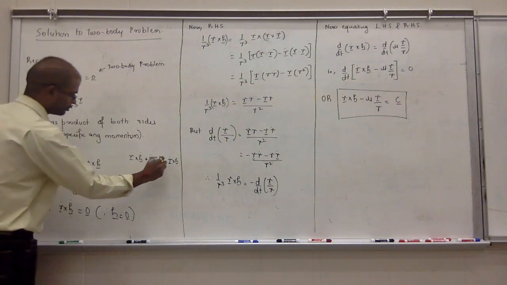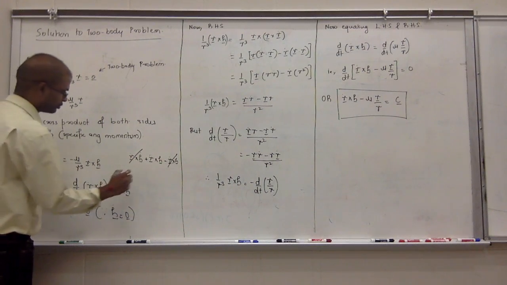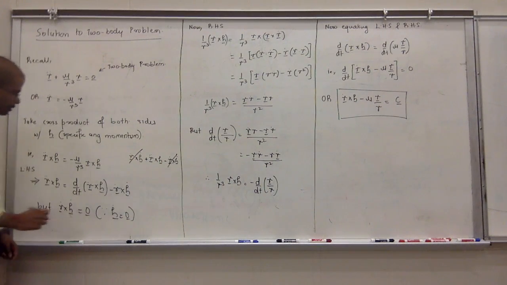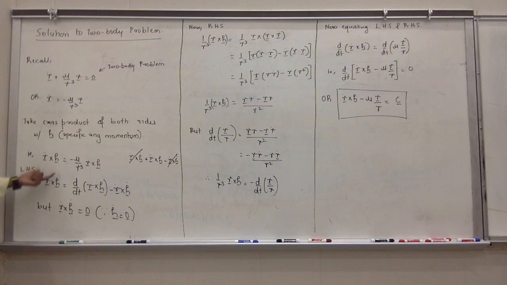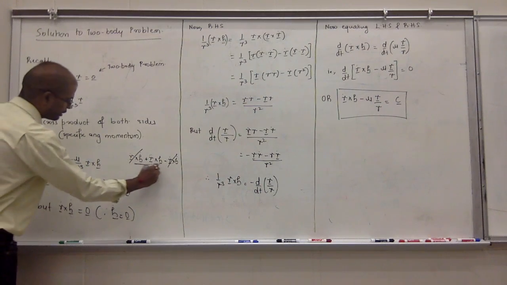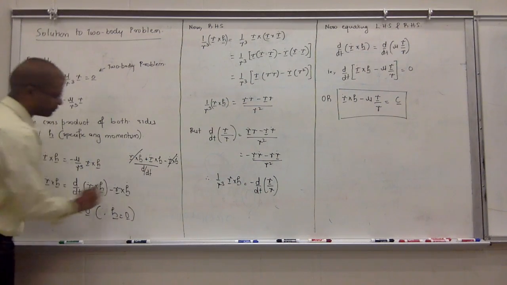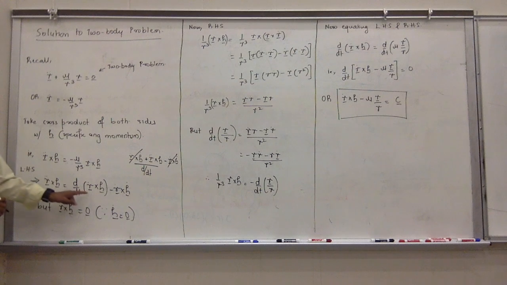You're taking the derivative of the left hand side. What I'm showing is this can be written as this. So this left hand side can be written as d over dt of this. And if you take the derivative, it is this cross with derivative of this, plus derivative of this cross with this. That's what we have done here.